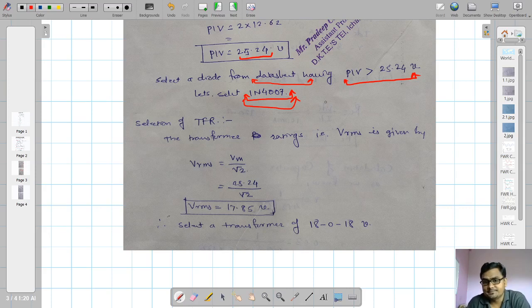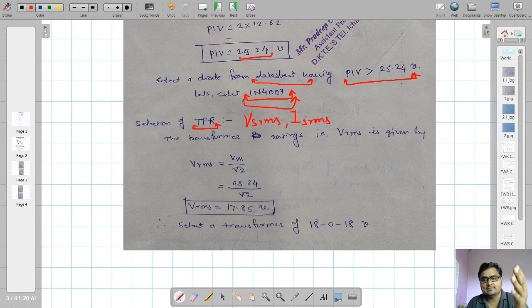Now, we have selected the capacitor, we have selected the resistor, we have selected the diode. Now the only thing left is selection of the transformer. Look at this, selection of transformer. The transformer ratings are generally in RMS. Look at this. Vs RMS and Is RMS are the ratings of the transformer.